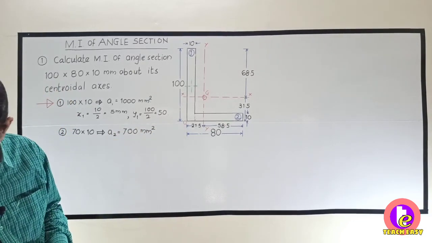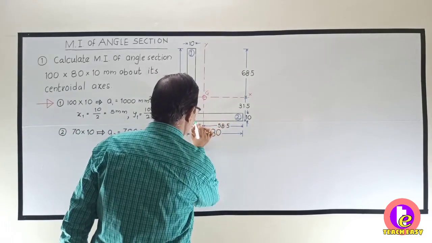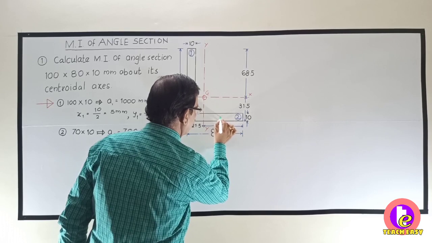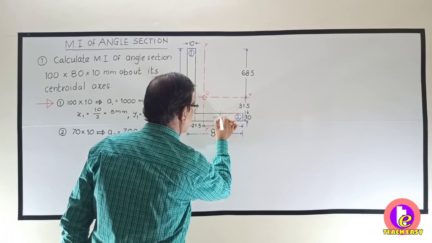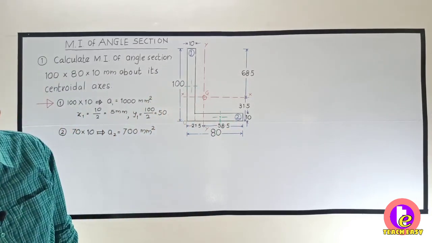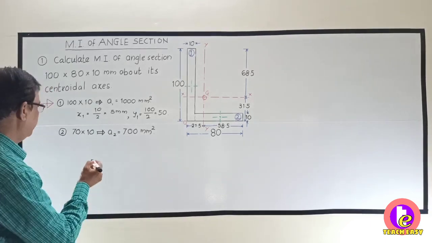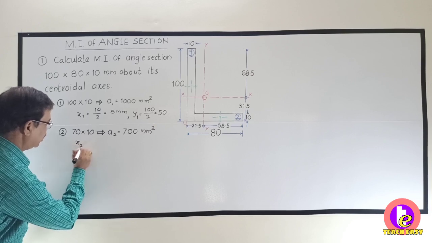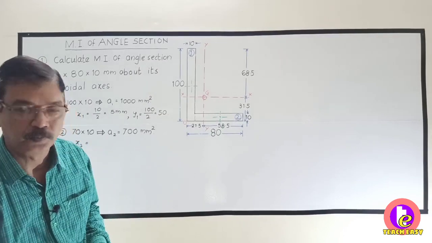Now let us find out the centroid of second part. Second part is this rectangle, so this will be the centroid of second part. What will be distance x2? x2 will be the distance of centroid of the second part from y-axis.